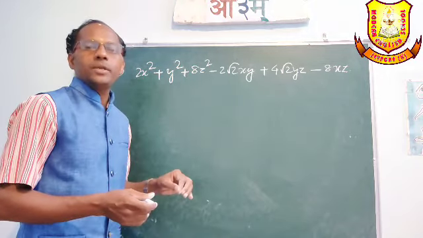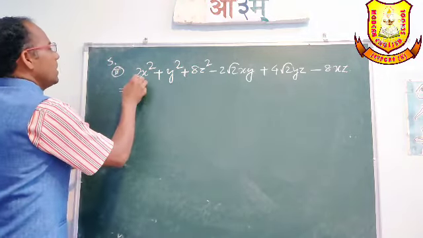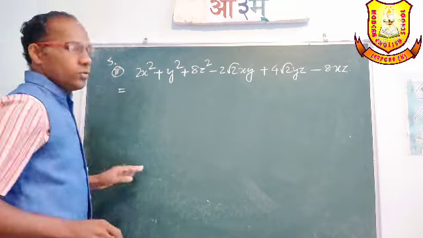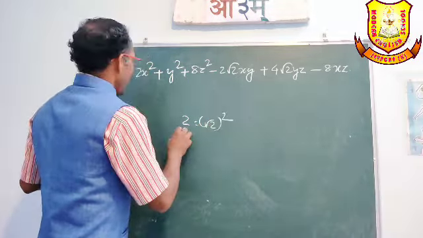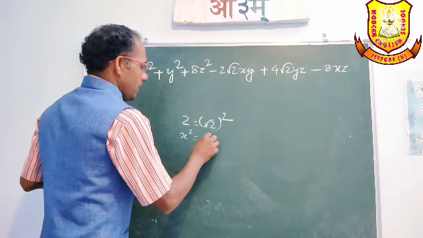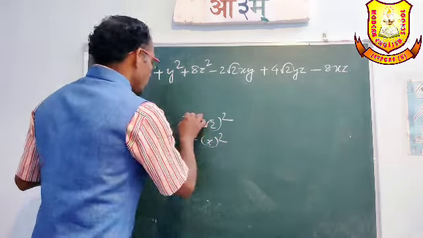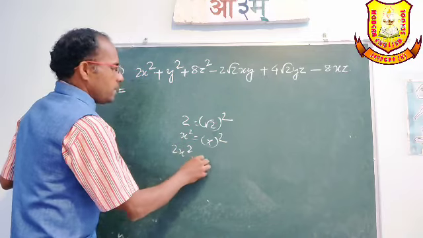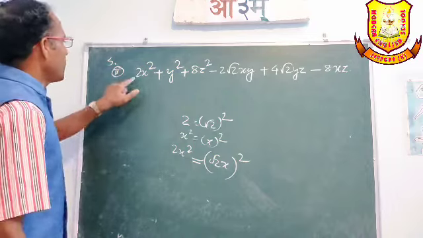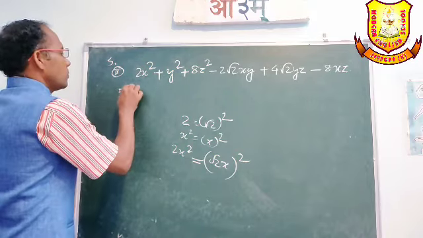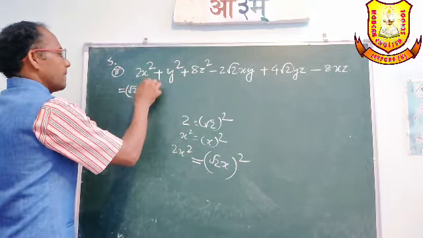This is equal to 2x square. 2 is root 2 square and x square is x square. So 2x square equals (root 2 x) whole square. In place of 2x square you can write (root 2 x) whole square.